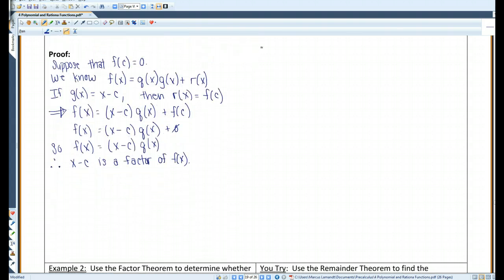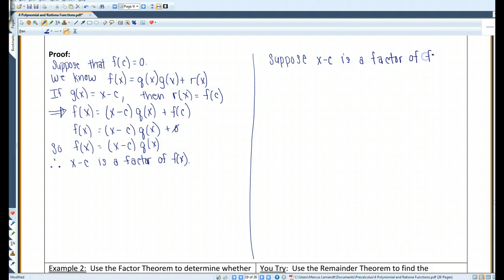Let's take a look at the second statement. I'll just draw a line here. I'll draw a straight line. Here, kind of sort of straight. Okay, so suppose x minus c is a factor of f of x, because now we're proving it the other way.